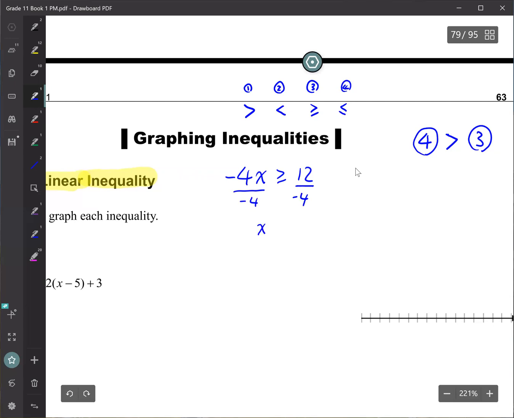So it becomes x less than or equal to negative 3. Have you heard of this rule? Can you raise your hand if you heard of this rule? Flipping the sign when you divide by a negative. Only 4 people? 5? 5 people heard of this rule. The rest of you didn't? Okay.